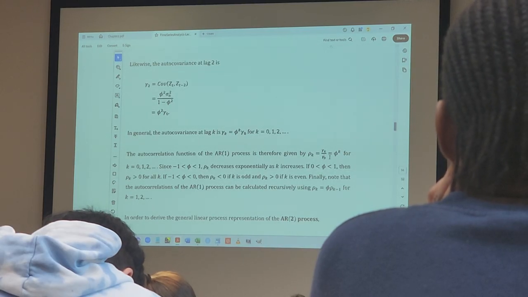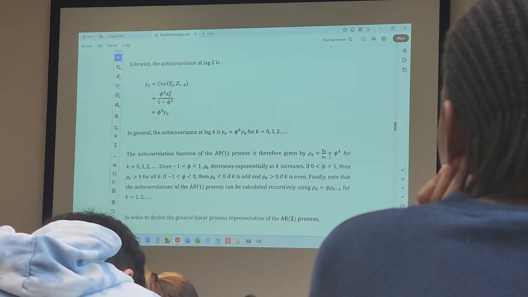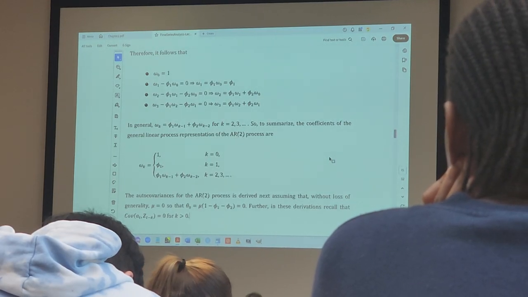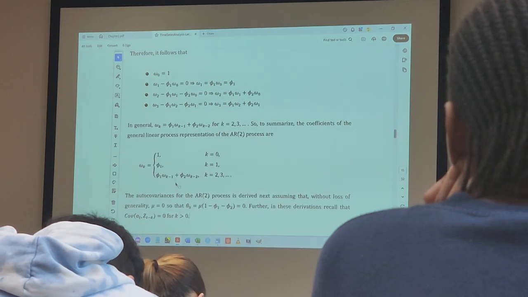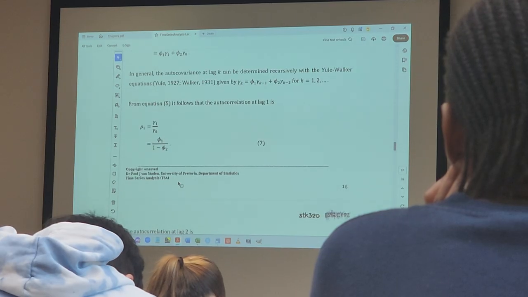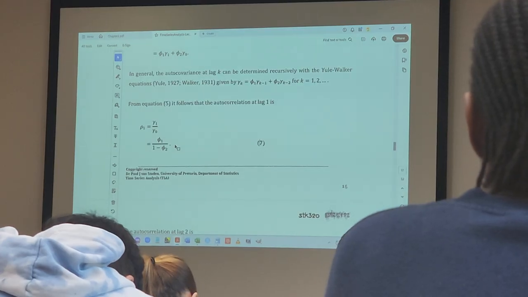But when you get to AR2, things become much more complicated in that we have to calculate recursively, as is shown here. When we get to the autocorrelation function, there, for example, is the formula for rho 1. It depends on phi 1 and phi 2.